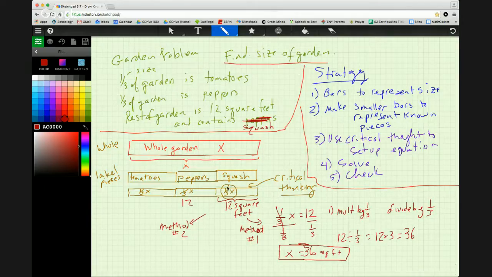If the squash was a third of the garden and the peppers are a third of the garden, they're the same size, so they must both be 12. And our tomatoes, in fact, must also be 12 square feet. So if this is 12 and this is 12 and this is 12, then 12 plus 12 plus 12 is also 36 square feet.